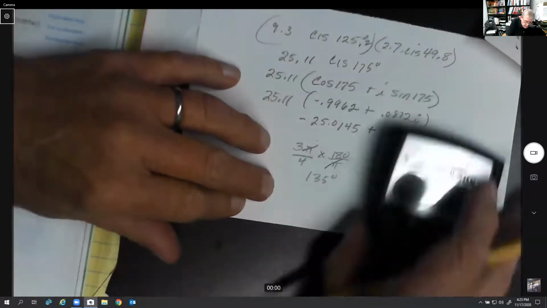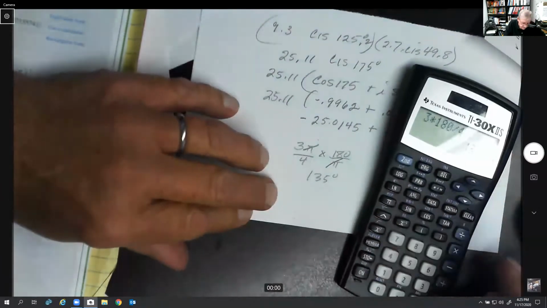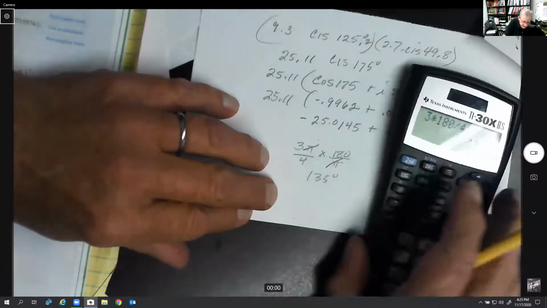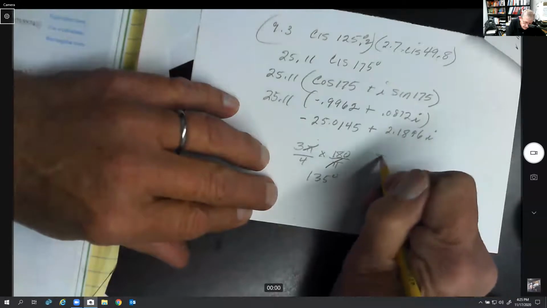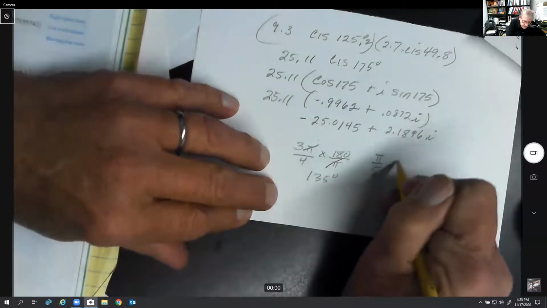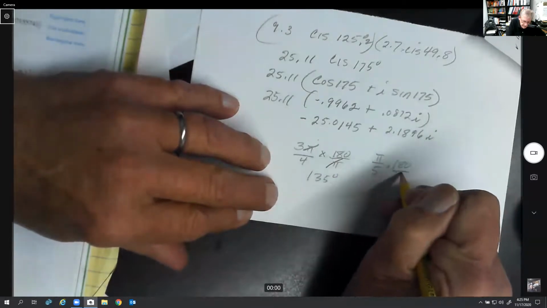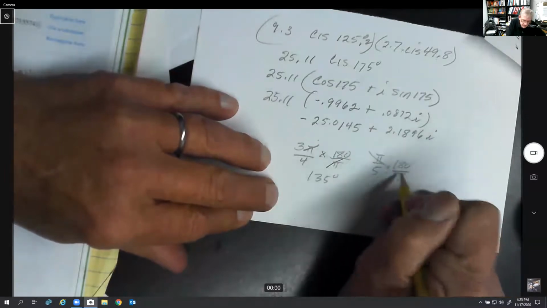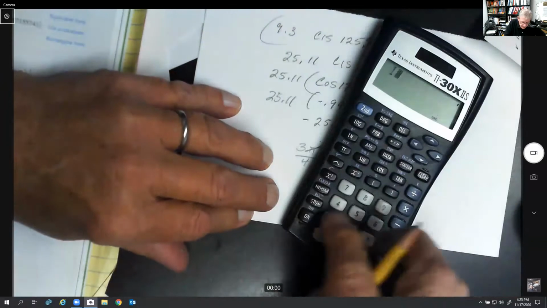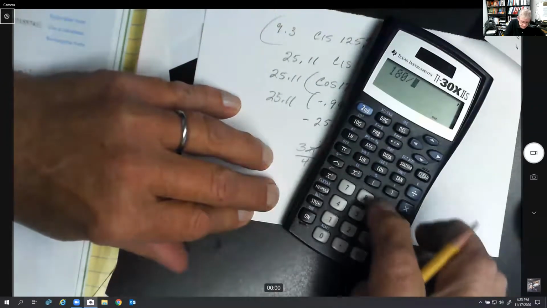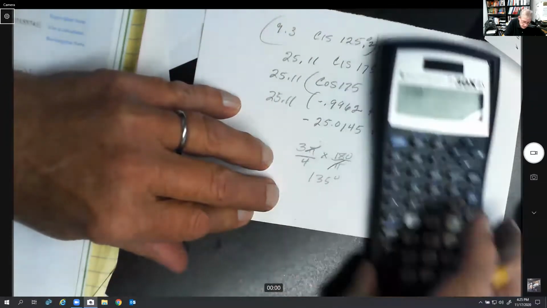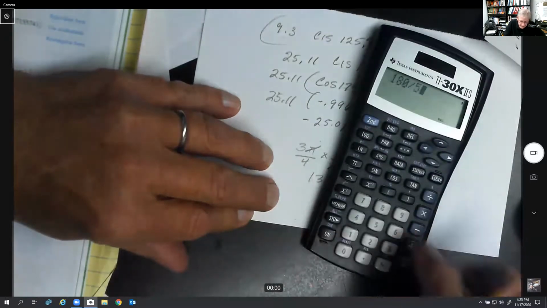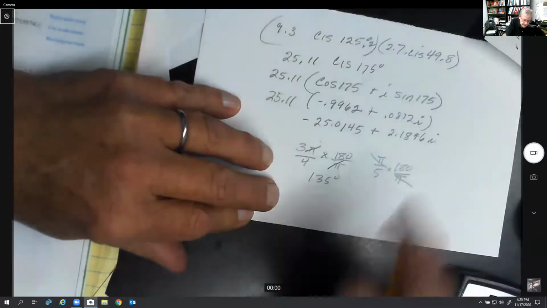What about pi over 5? So pi over 5 times 180 over pi. Pi's cancel. So 180 divided by 5, excuse me, is 36 degrees.